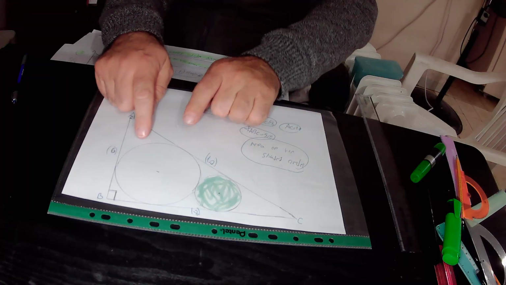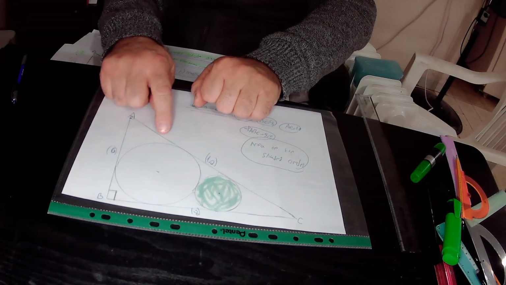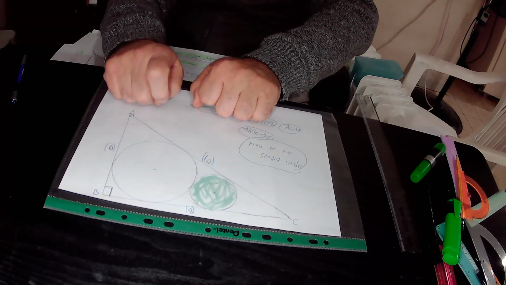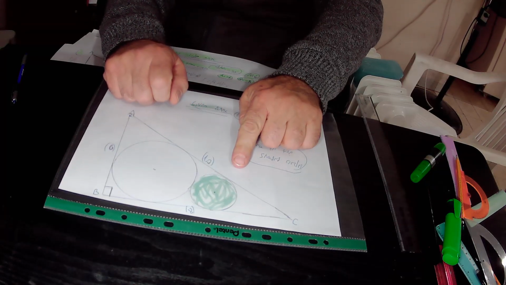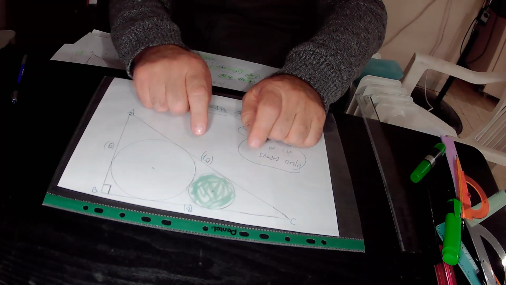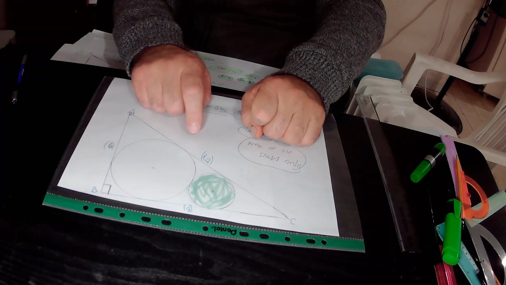Again, this circle has 3 points of tangency with the triangle: 1, 2, 3. Therefore, it is inscribed in the right triangle ABC. While this circle has only 2 points of tangency with the triangle: 1, 2. Therefore, it is not inscribed in the right triangle ABC, but it is located inside the right triangle.